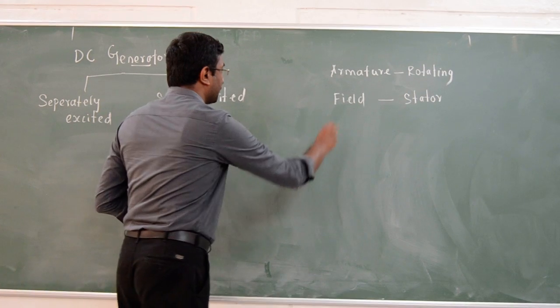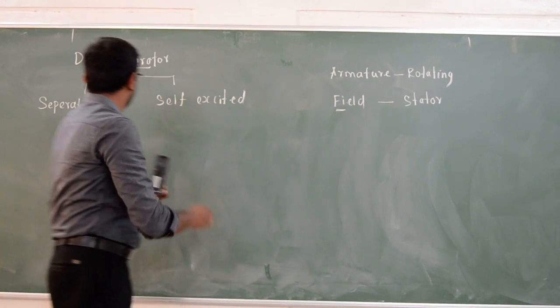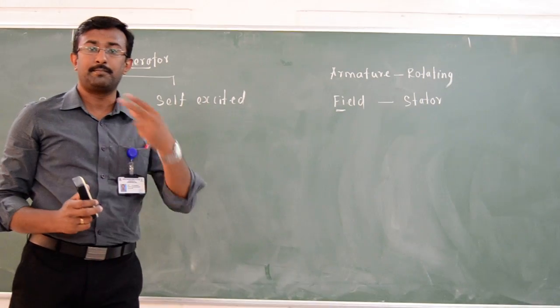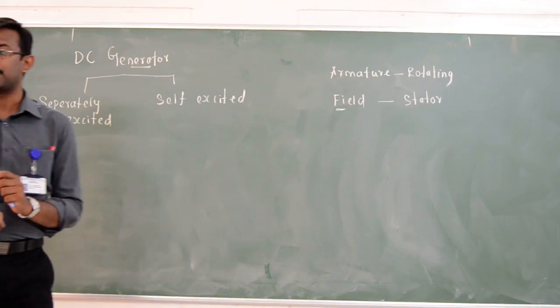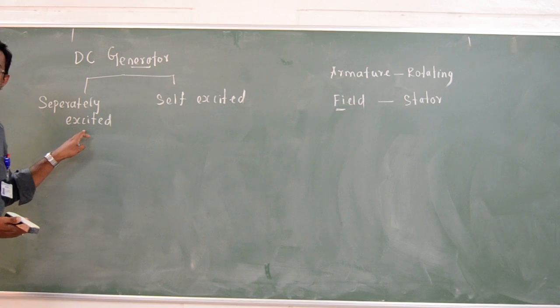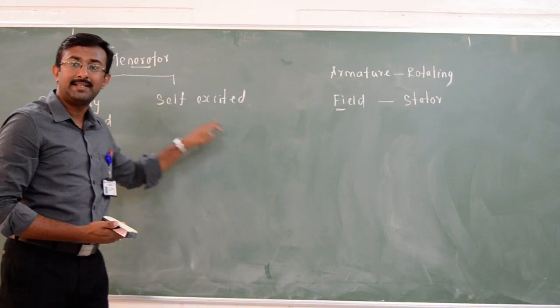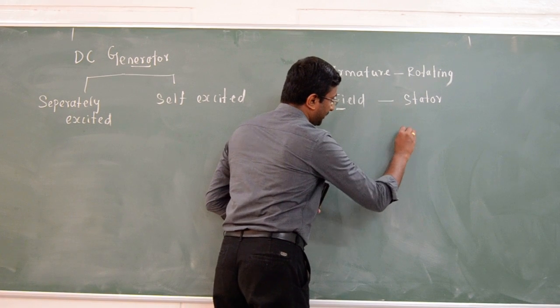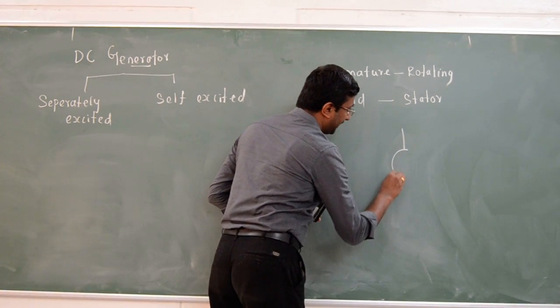Based on the field excitation, the DC generator is broadly classified into two types. One is the separately excited DC generator, and the second one is the self-excited DC generator, right? This is a symbolic representation of a generator.